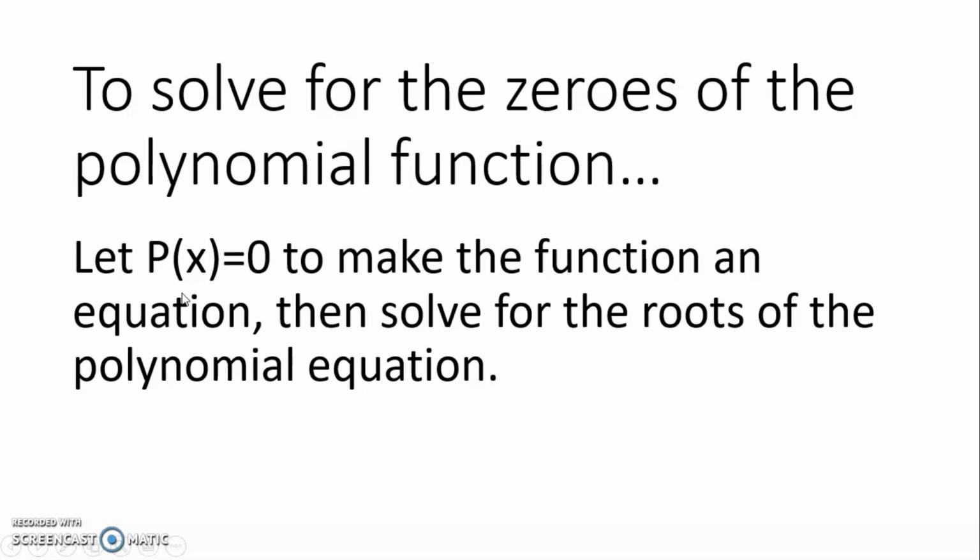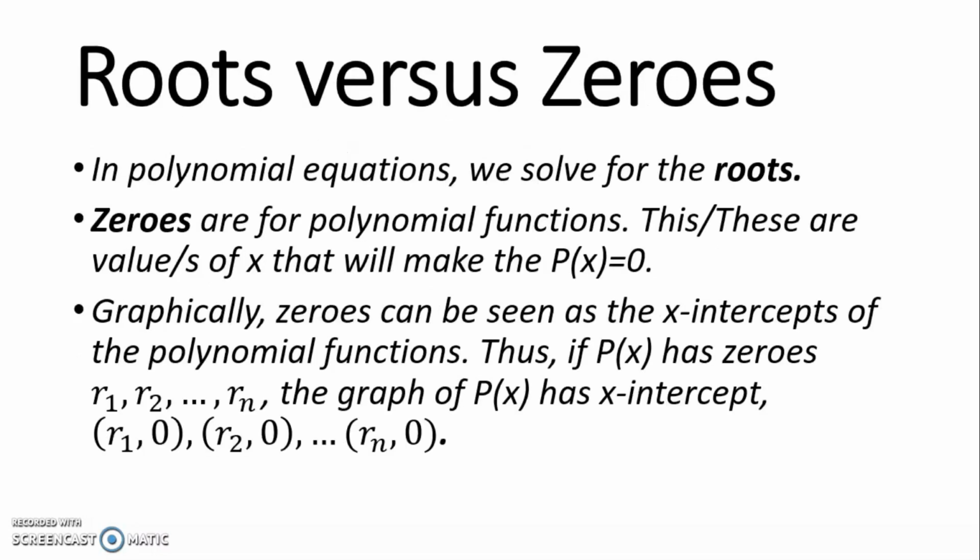Now, you want to find the value or values of x to make it equal to 0. It becomes an equation, so technically, you are just simply looking for the roots of that polynomial equation. So that is why, in the previous slide, I just renamed the zeros of the polynomial function p of x as r sub 1, r sub 2, until r sub n.